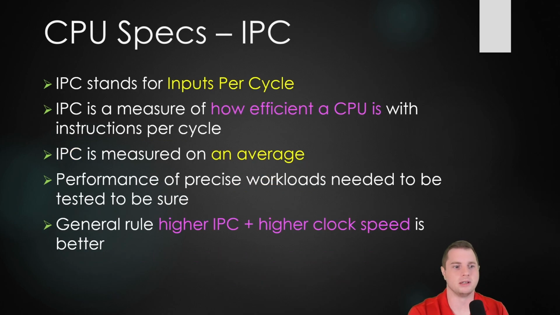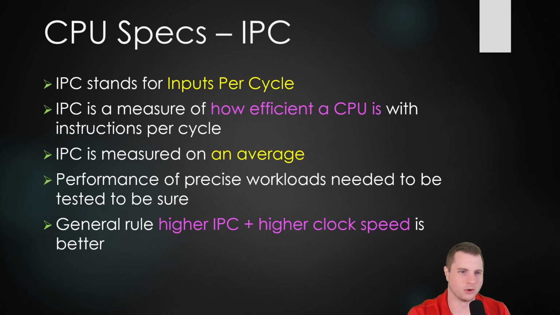Okay, IPC, inputs per cycle. So this is another topic that people get confused on because you can run multiple things on a cycle. So how efficient are you per cycle, inputs per cycle? We are running up against a physical limit in terms of cycles that we can achieve per second.